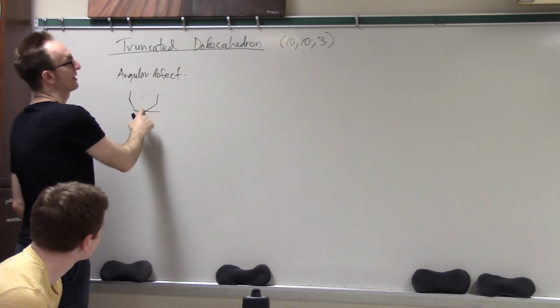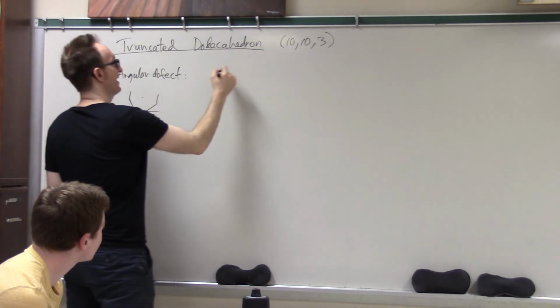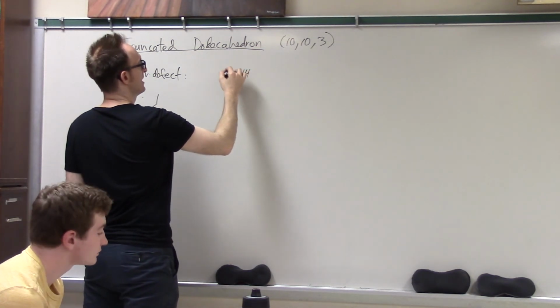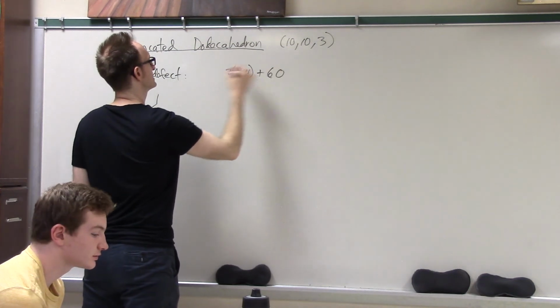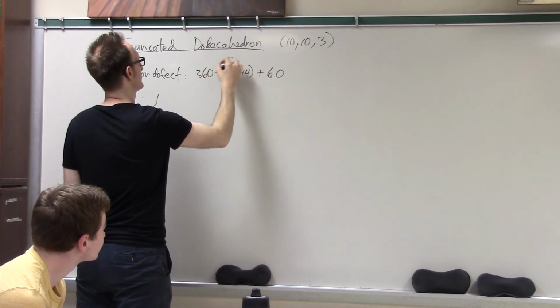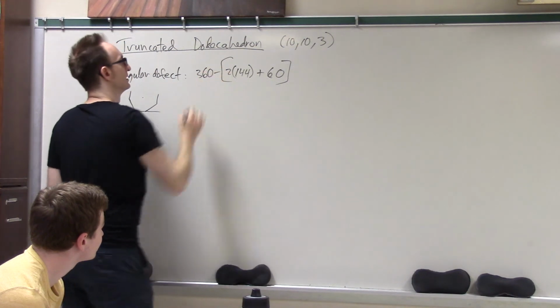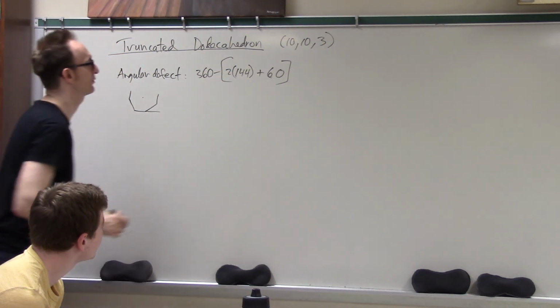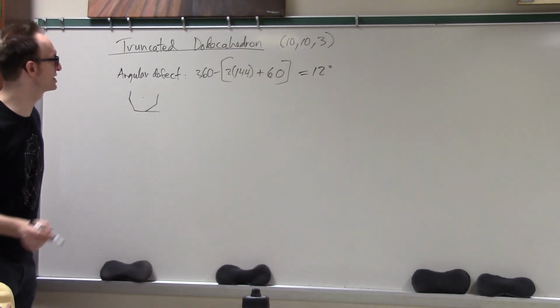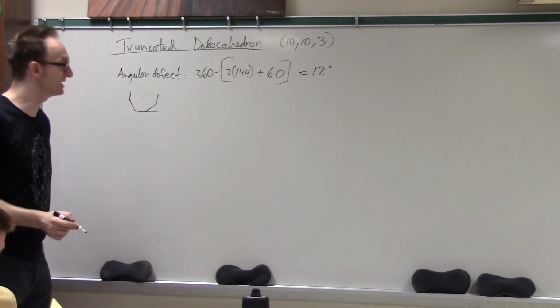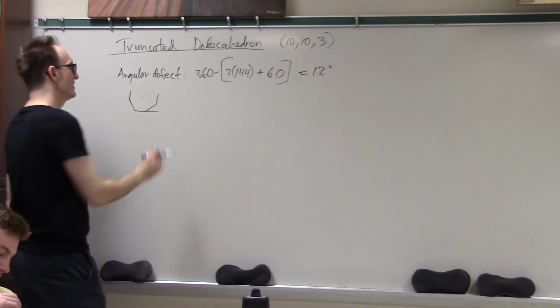So an interior angle is 144. If I add up 144 times 2 plus an interior angle of a triangle, which is 60, and subtract all that from 360, I'm left with 12. So I have 12 degrees unused at each vertex of the truncated dodecahedron.